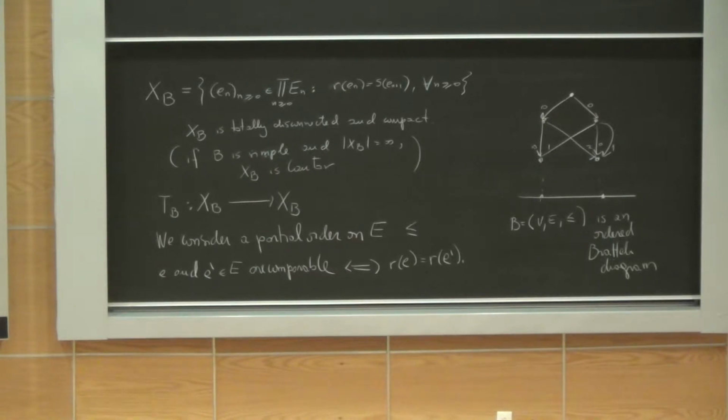And we say in that case that the diagram is properly ordered if there is only one element in X min and only one element in X max. And these are the orders that we are going to consider here. And with this, we can define the transformation.